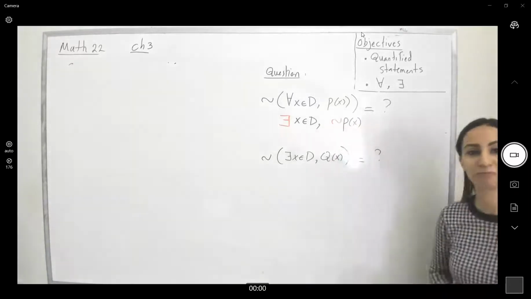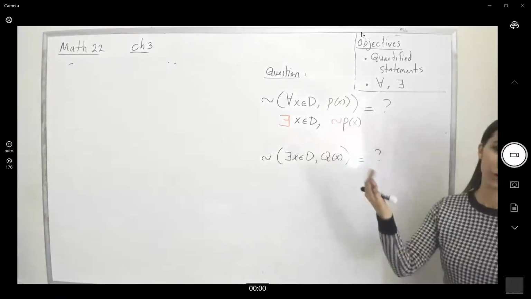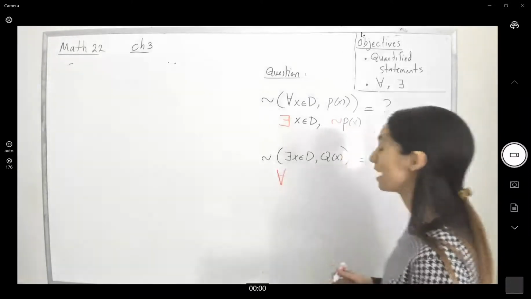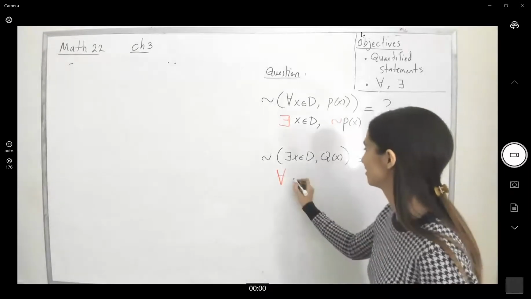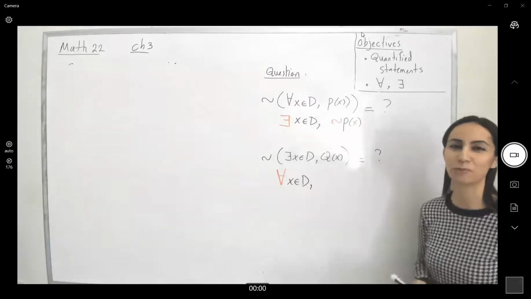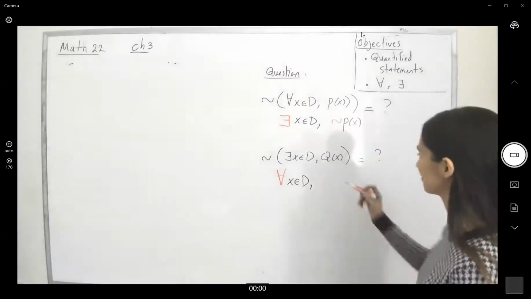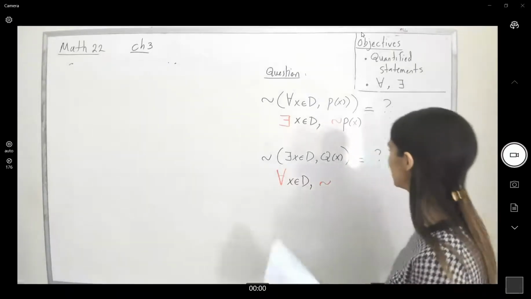And here, the negation of there exists is for all x in D, x in the domain, and the negation of your predicate, not Q.